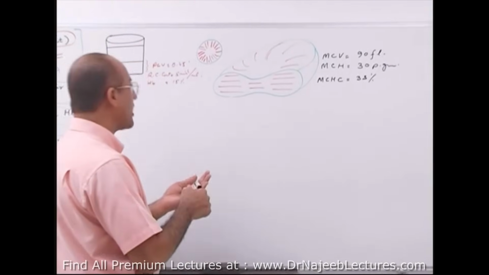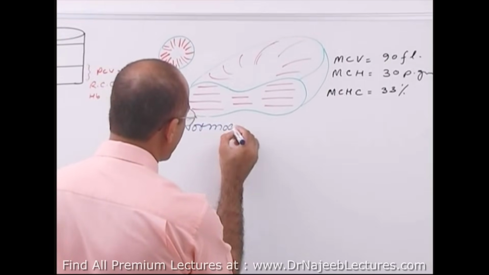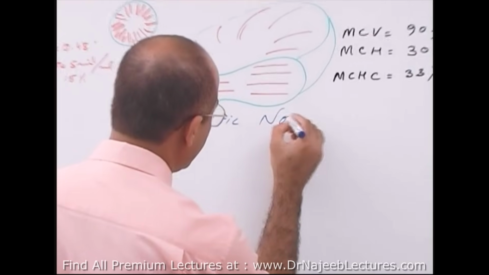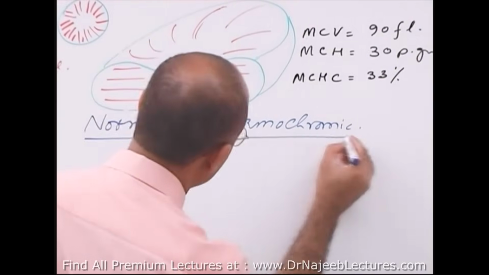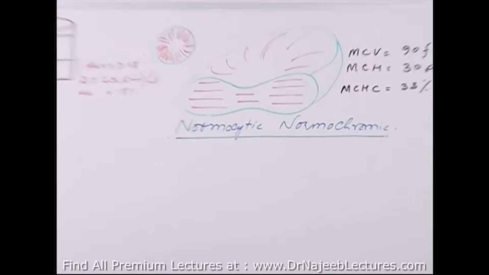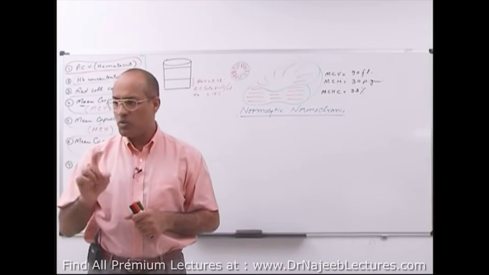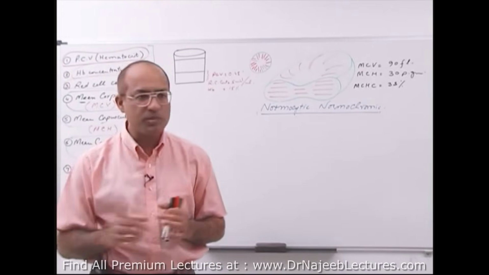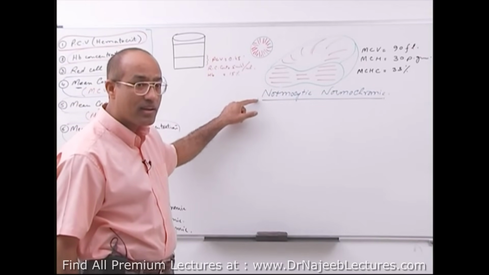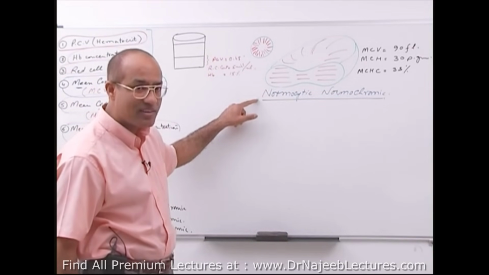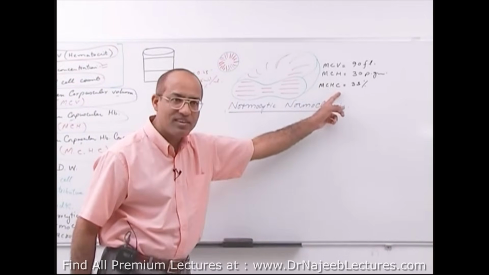Normocytic, normochromic. So next time, if you look at the blood report and it is written that it is a normocytic, normochromic blood film, it means the volume of the RBC is normal and the degree of hemoglobinization is normal. Or you can say MCV is normal and MCHC is normal.